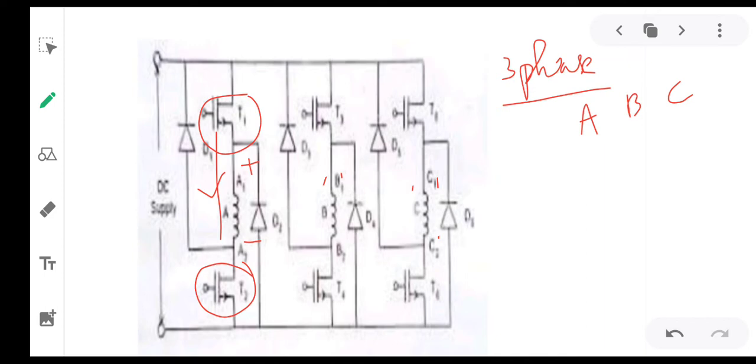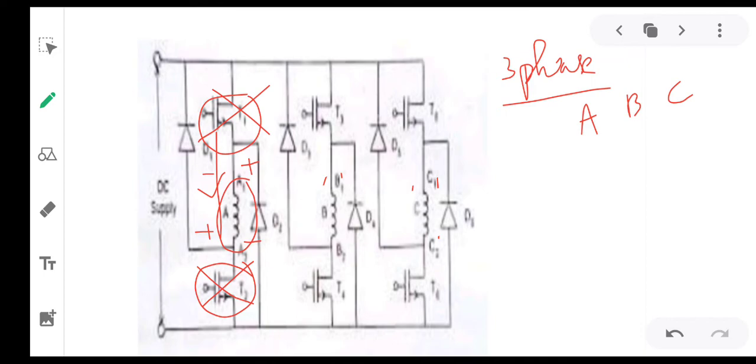Now in order to de-excite, unenergize this A, and in order to excite the next phase B, you have to turn off these switches. So what happens? Immediately the energy stored in this phase has to be discharged. So for that, the polarity will now become reverse, like this.